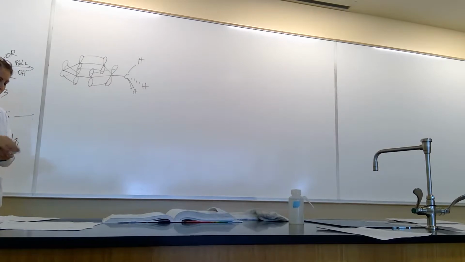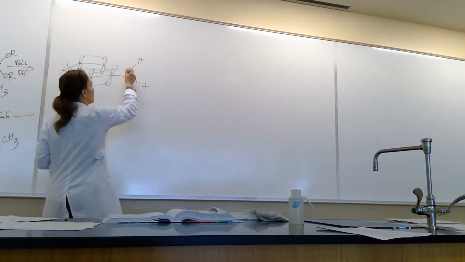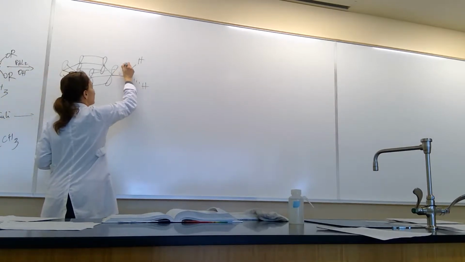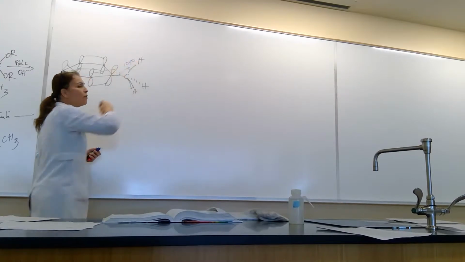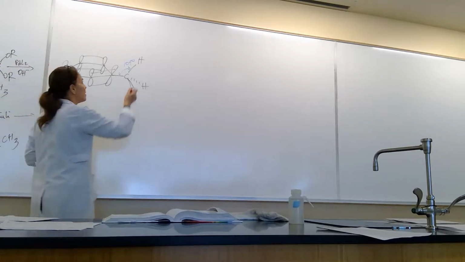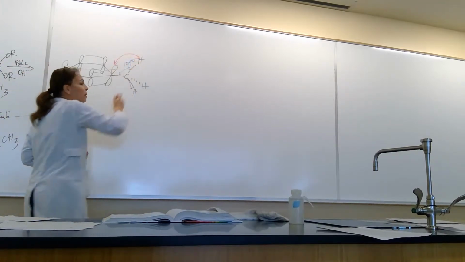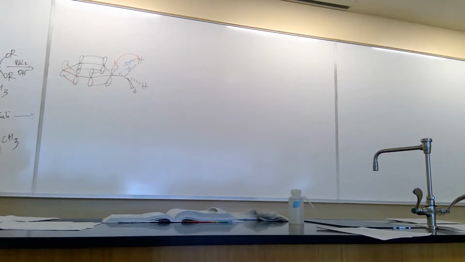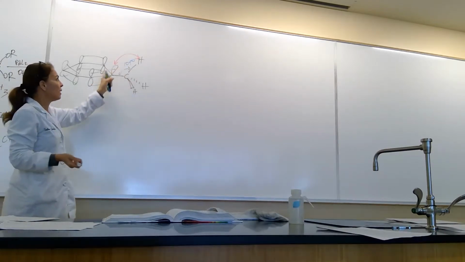You see this bond, the angle here is 109, but it's not too far from a 90. Okay? So if it's not too far from a 90, this hydrogen can keep hopping back and forth. So that's hyperconjugation. That hydrogen on the alkene can keep hopping back and forth.